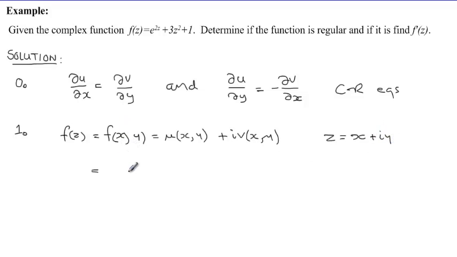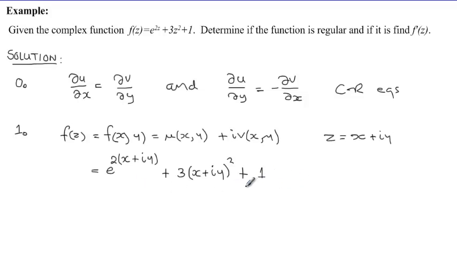Plugging in z in this expression, we should get something like e to the power 2 times x plus i y, plus 3 times x plus i y all squared, plus 1.